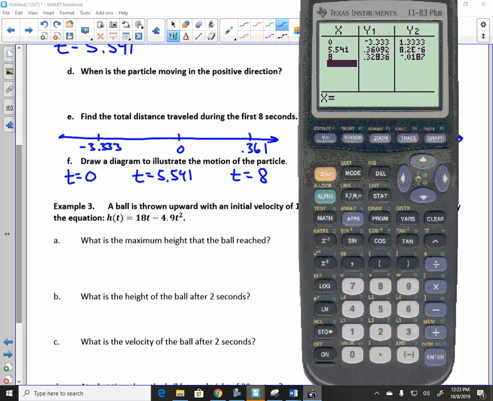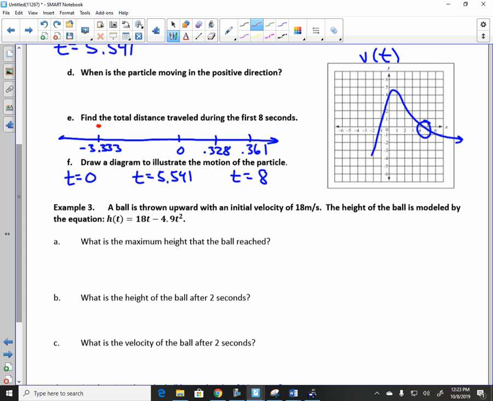It travels to 0.361 and then travels to 0.328. The particle starts here. As you notice from our graph, is the particle traveling to the right or the left at this time? It's traveling to the right because the velocity is positive. The function is sitting above the x-axis.